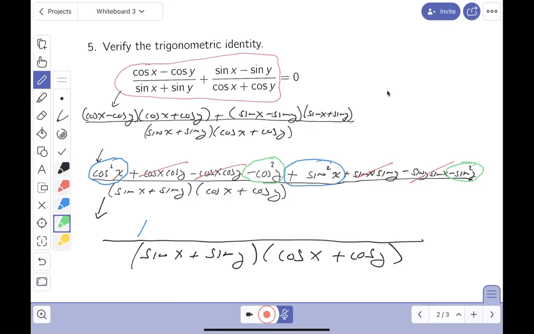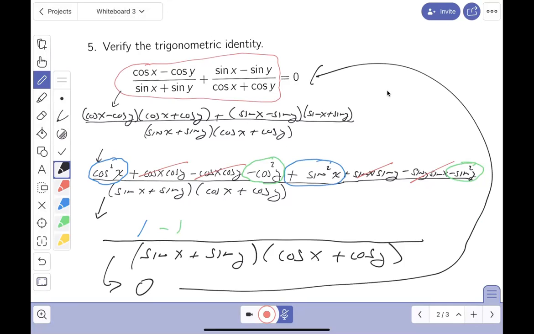Let's use another Pythagorean identity. What would that be, minus 1. Lo and behold, we have what we want. What do we want? We have 0. This becomes 0. What have we done? We did it. QED.